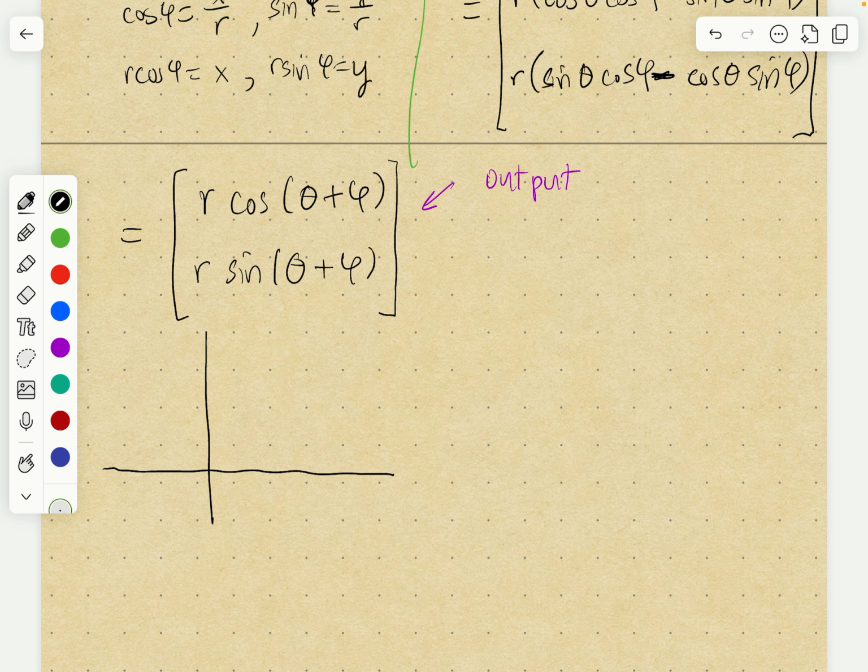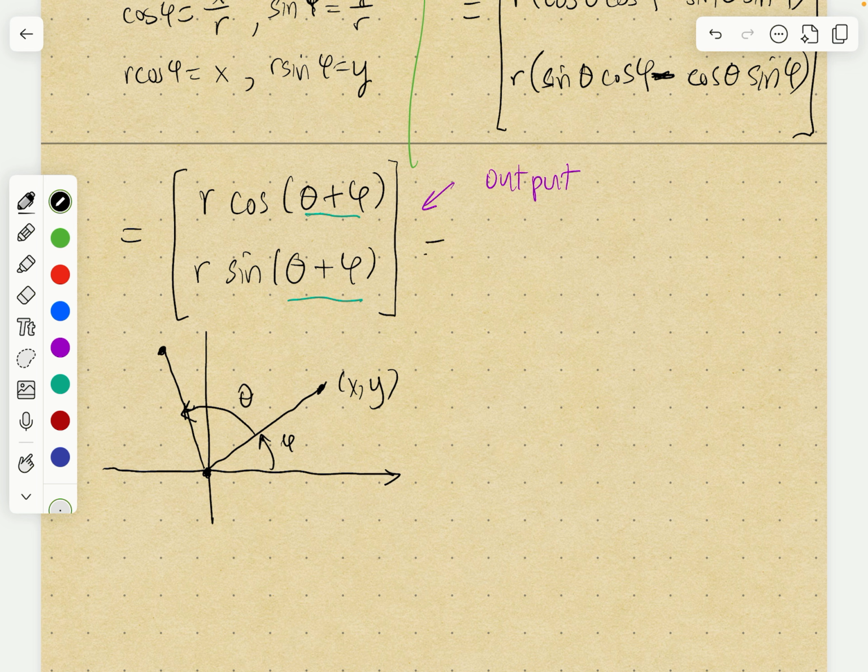Again, it's length r, and the angle that's made with the positive x-axis is no longer phi, it's theta plus phi. So originally our xy was like this, and then you had an angle phi, but then we added theta to it. So whatever theta is, we added theta to it, but then we kept the distance from the origin the same. So if this is x and y, and that's theta, then this is our new output.